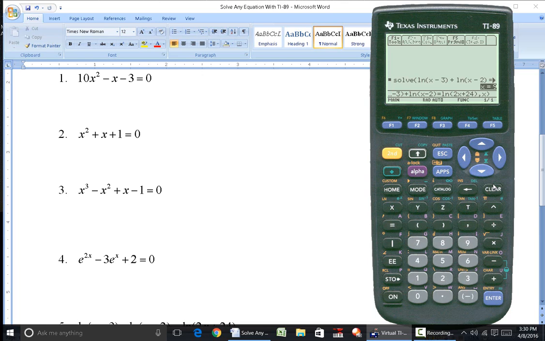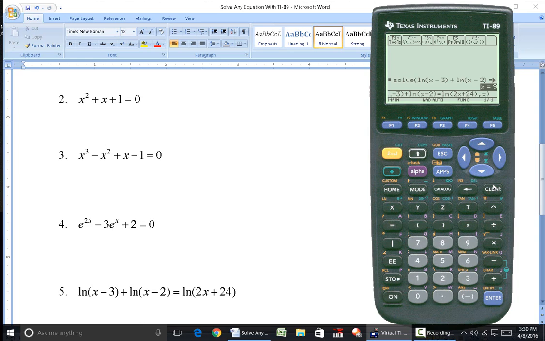Number 4 can be factored into e to the x minus 2 and e to the x minus 1. Set those factors equal to 0 and you can easily solve it. But we did it on the TI-89.